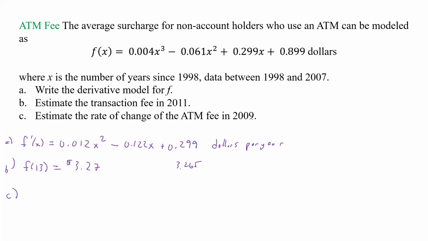Well, 2009 minus our 1998, that's going to be 11. So we're going to find f prime of 11.